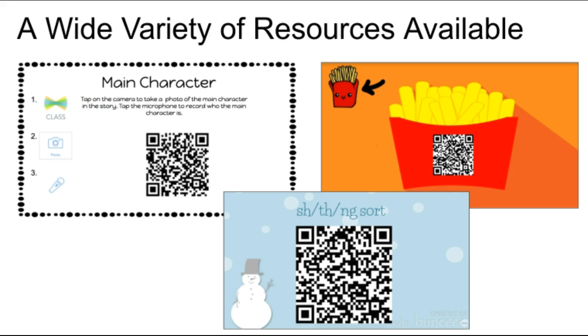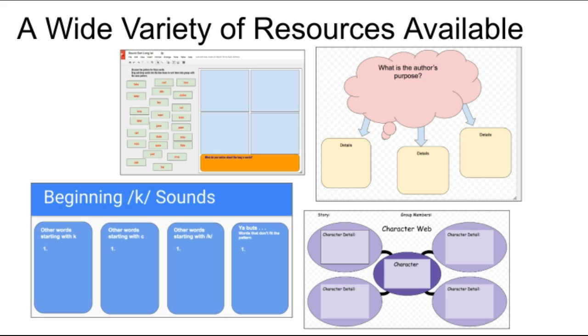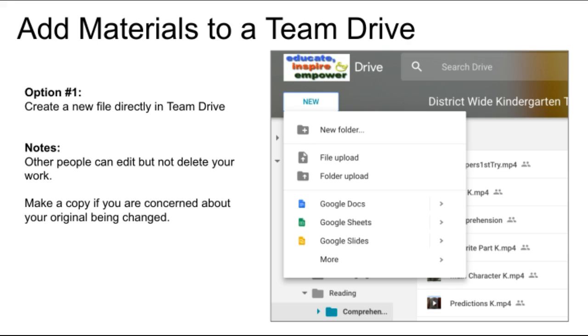Many of them for K2 involve QR codes that students can scan with Seesaw or a QR code reader. It takes them to a Buncee or an activity that they can complete in Seesaw. There are other ones for grades 3 through 5, which include graphic organizers and things that can be linked into Schoology for students to complete as learning activities.